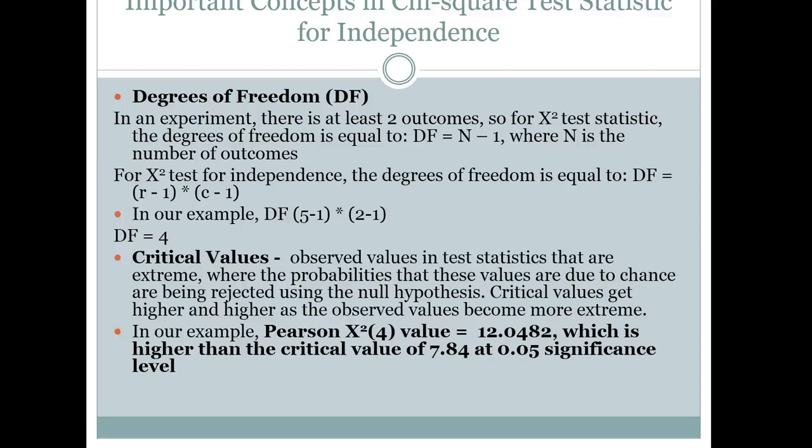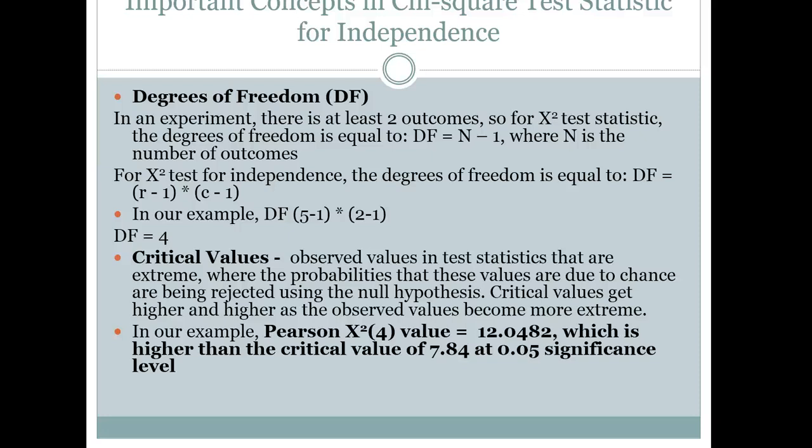Now I wrote here that this is higher than the critical value of 7.84 at the 0.05 significance level, which is always the standard. We always set our significance level at 0.05. Now you might wonder, where did I get the critical value of 7.84 at 0.05 significance level?